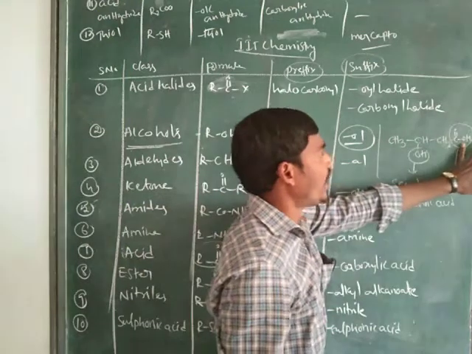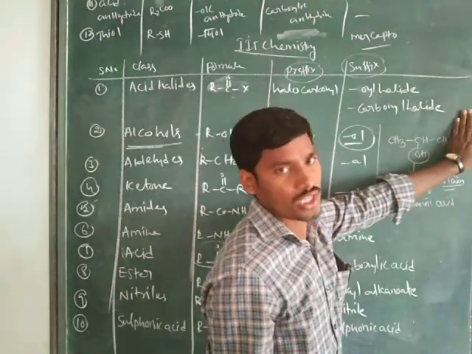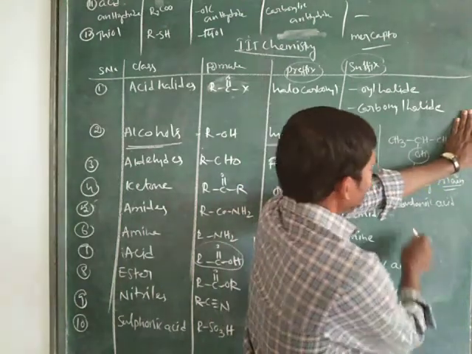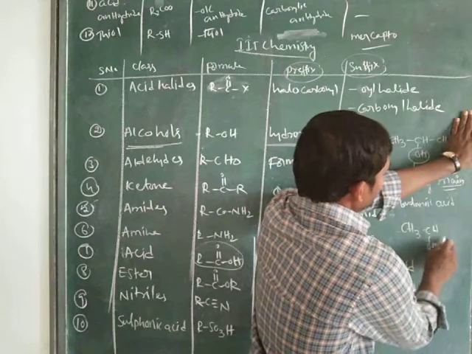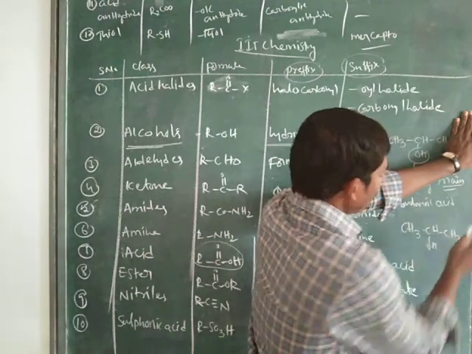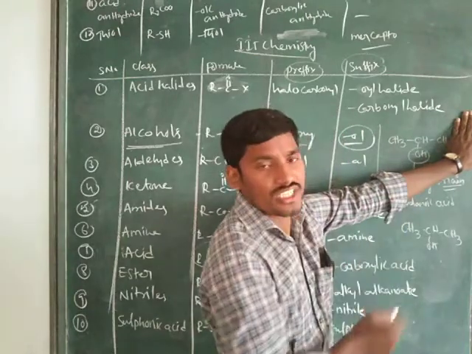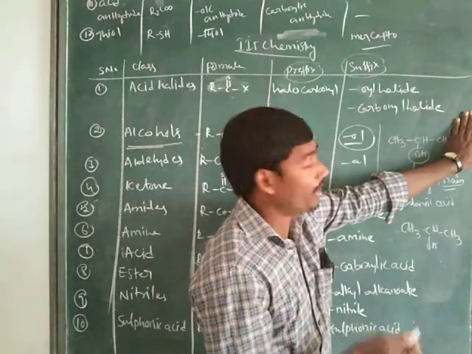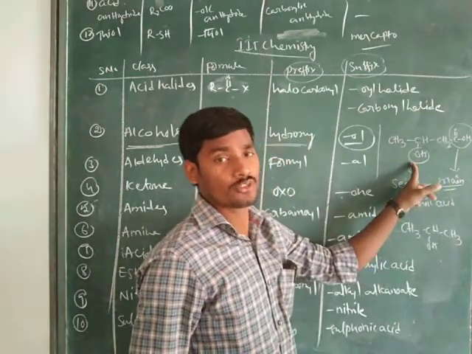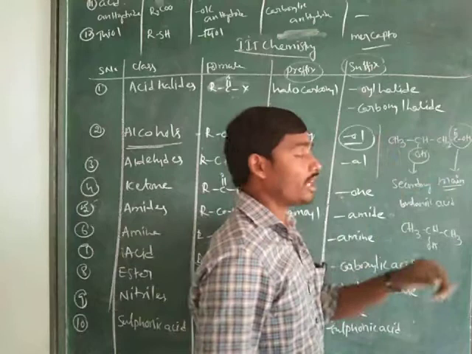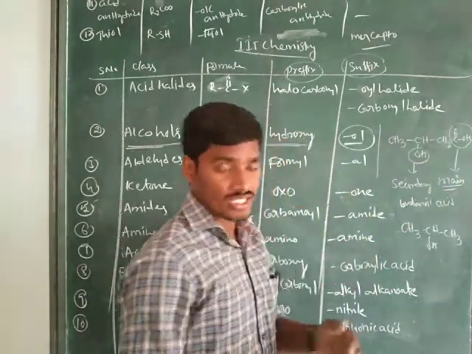Otherwise, if there is no acid and we only have alcohol as the functional group, such as CH3, CHOH, CH3, then we consider it as propanol. But when the acid functional group is there and the alcohol functional group is there, we take the acid as the main functional group and the alcohol as the secondary functional group.